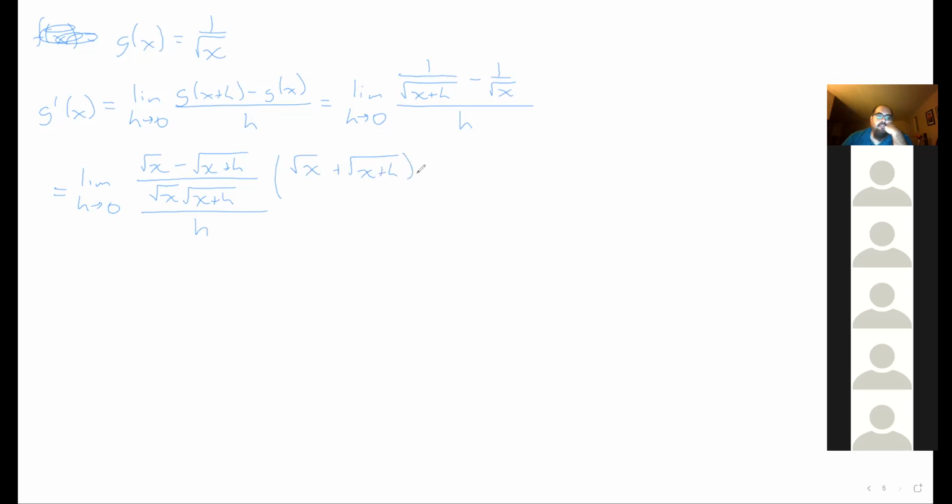Okay, so doing that. The whole purpose of the conjugate is to clear those radicals. So that numerator is going to become x minus x plus h, all over, and this remained unaltered.